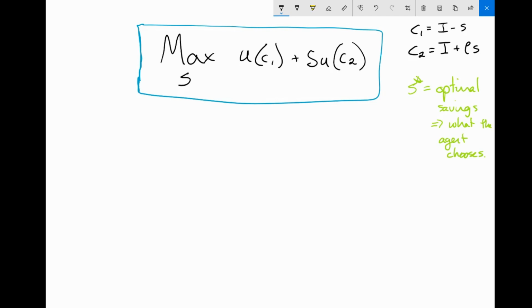And in that process, we're going to try to gain some deeper economic insight. Okay, so how do we solve this? Well, we solve it by first setting up the first order condition. We've done this before, so it's pretty straightforward. We take the derivative of the objective function. Okay, so here's the objective function.